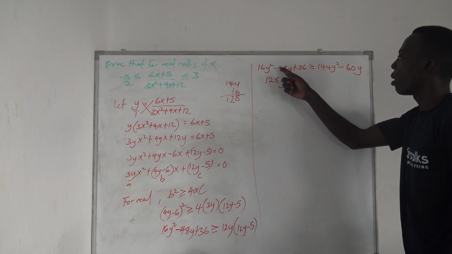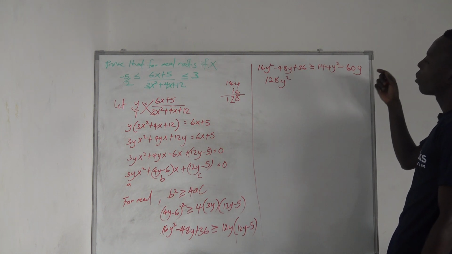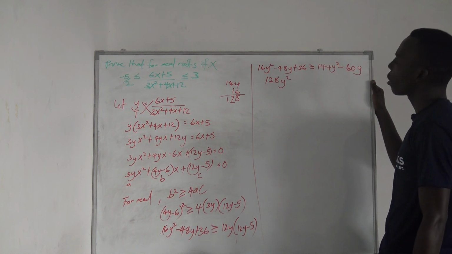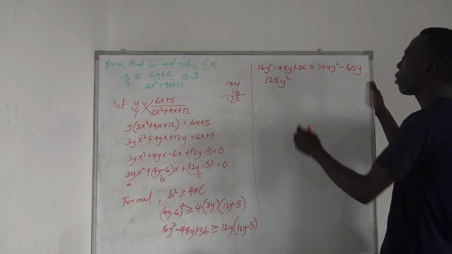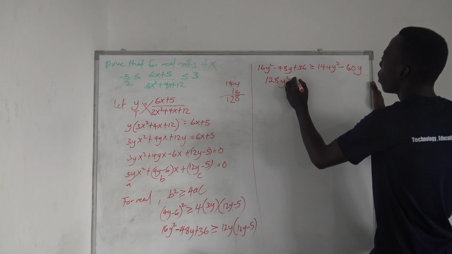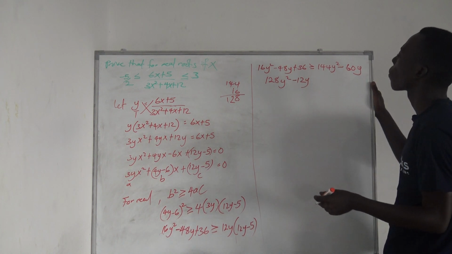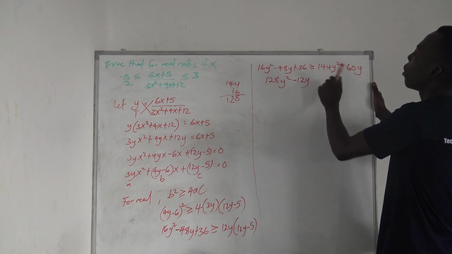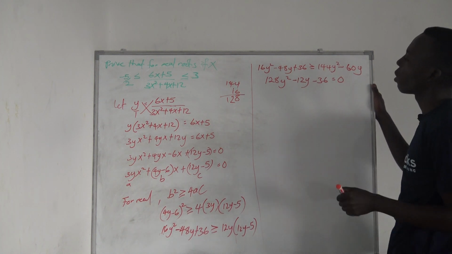So we are taking this side also, so it will become positive. So we say 60 plus 48, which gives you a negative 12y. So now we are also taking this one, which is minus 36 equals 0.